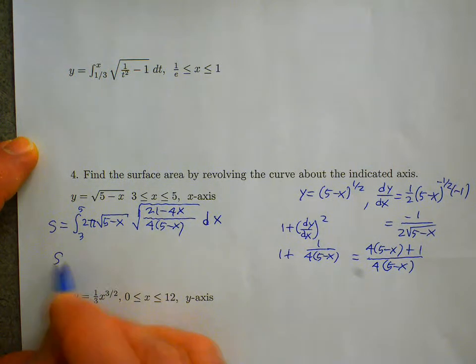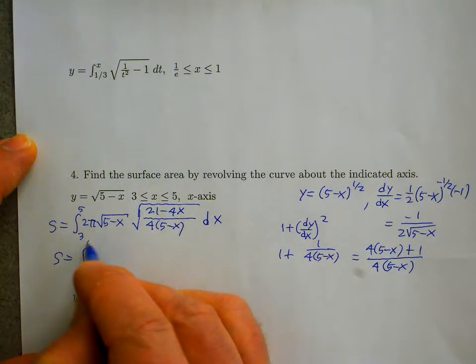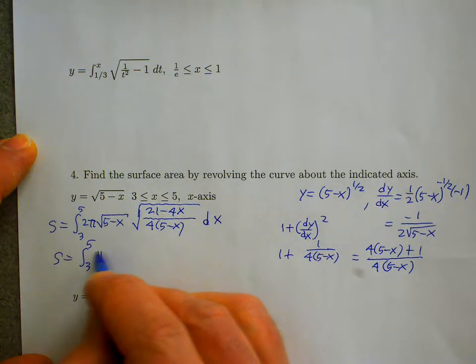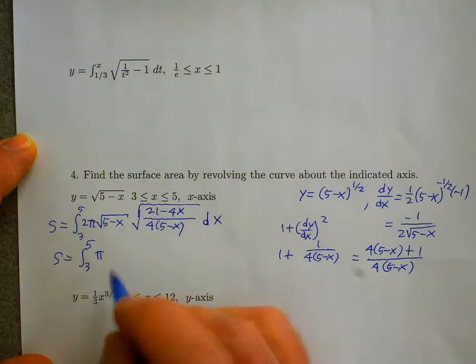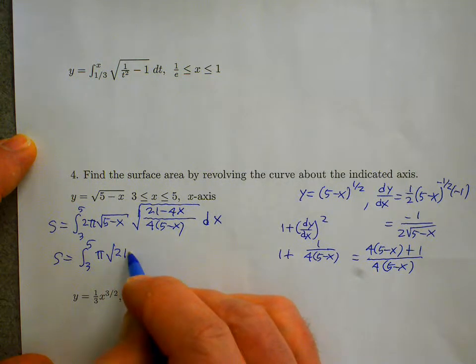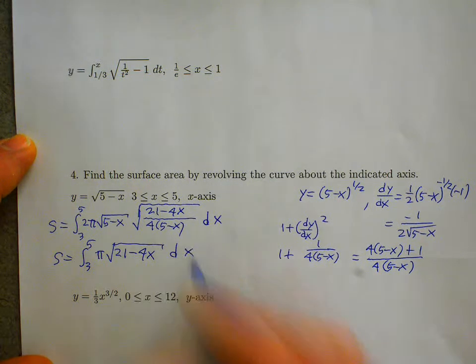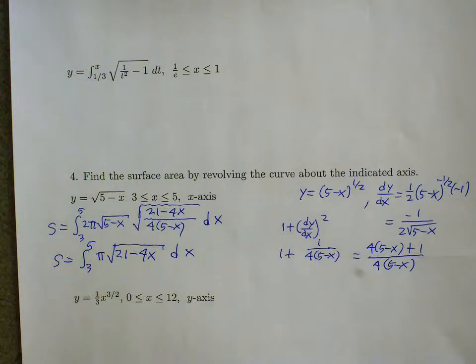So let's write it one more step. The integral from 3 to 5 of pi times the square root of 21 minus 4x dx. And I think that you can find the value of that definite integral. Okay, are we all okay on that one?